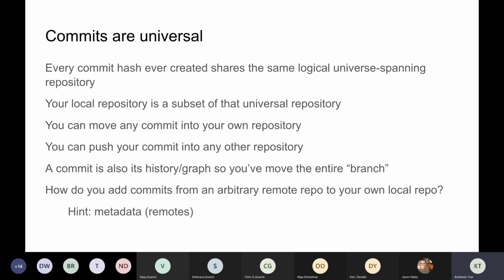How do you add commits from an arbitrary remote to your own local repository? That's where the metadata comes in, and that's where remotes come in. We don't have time to cover remotes at all, but remotes are just pointers to another repository.